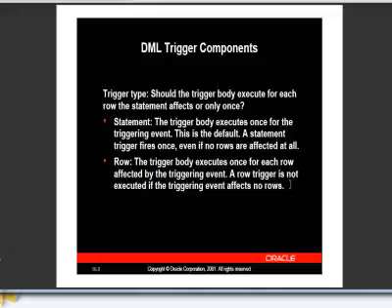Trigger type. Should the trigger body execute for each row or statement invoked, or only once? Statement: the trigger body executes once for the triggering event. This is the default. A statement trigger fires once, even if no rows are affected at all. Row: the trigger body executes once for each row affected by the triggering event. A row trigger is not executed if the triggering event affects no rows.